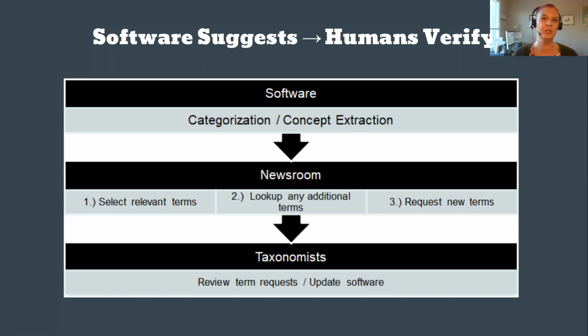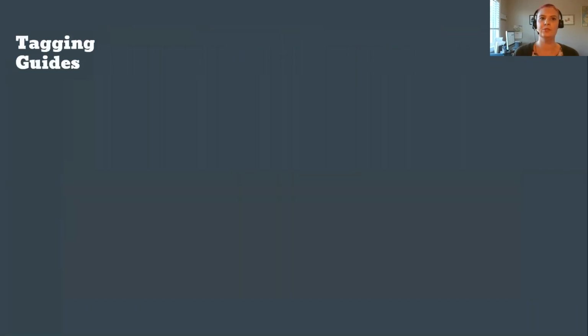So say New York City or something very obvious didn't get suggested for some reason, they're able to grab it from there. And if they don't see what they're looking for, they're able to request new terms to be added to the vocabulary. And then as taxonomists, we review term requests, we make sure the software is working correctly, and we update it when it's making bad suggestions so that everyone is getting good suggestions.